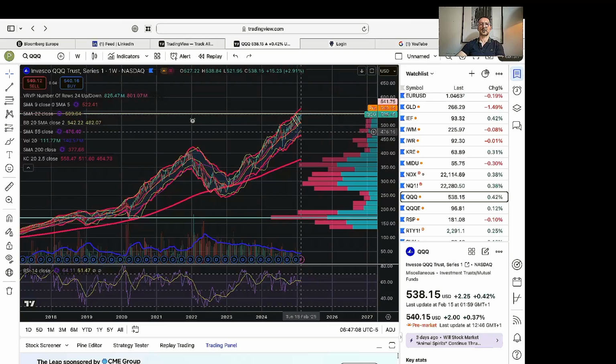We already tested it, it is the lower band of the Bollinger Band. And 450, that's actually the support of the previous sideways market here. The resistance is 540.